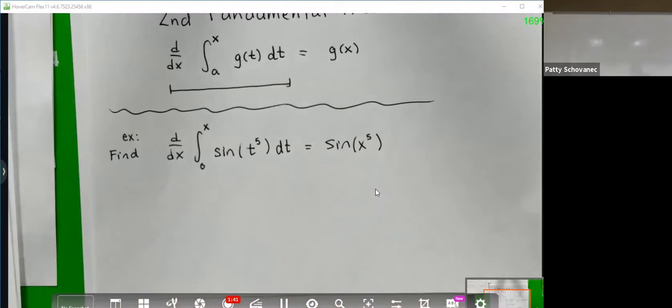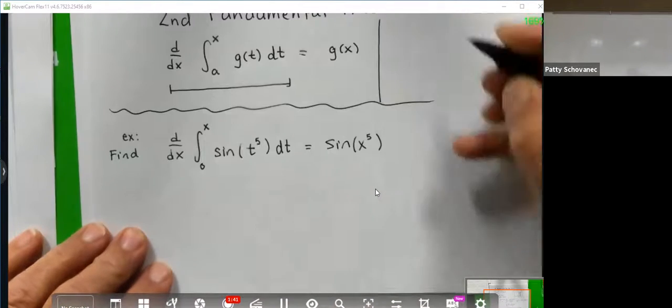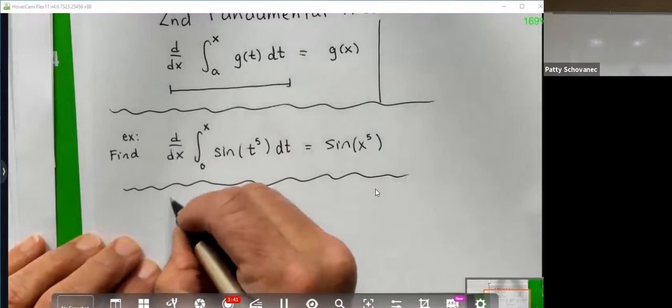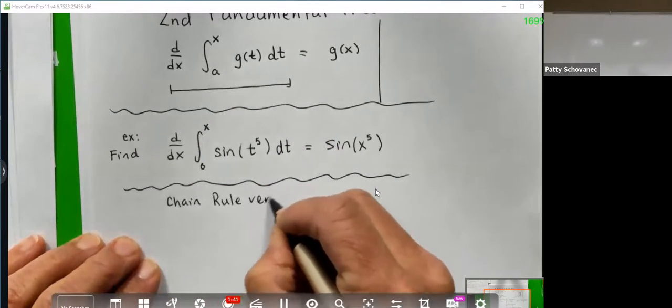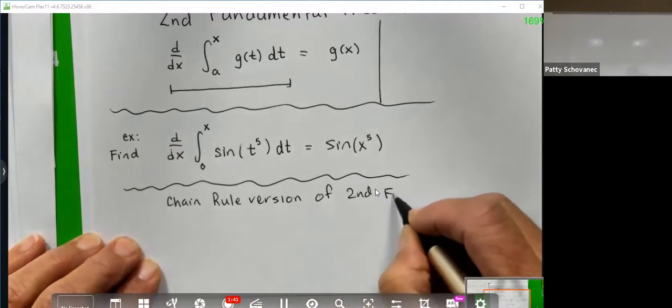The chain rule version of this looks like this. Chain rule version of the second fundamental theorem of calculus.